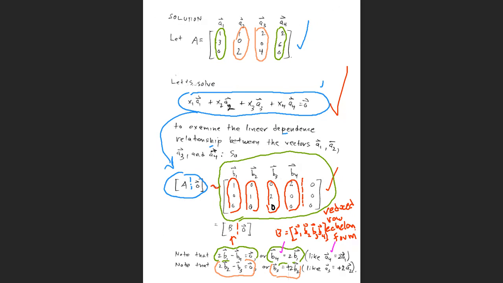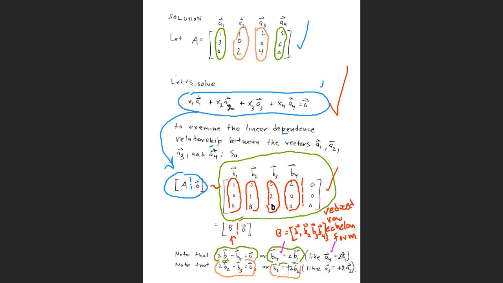So how many vectors for this space H? Let's see here. What vectors are needed to form a basis for our space H?